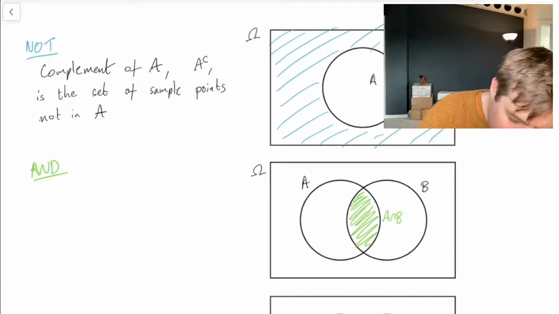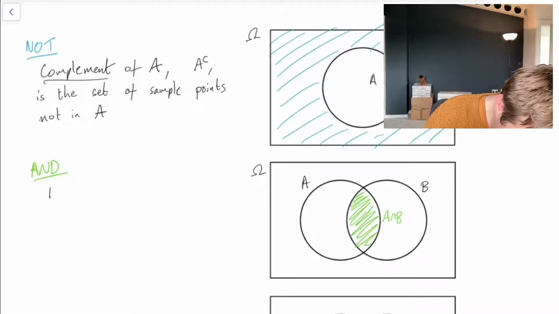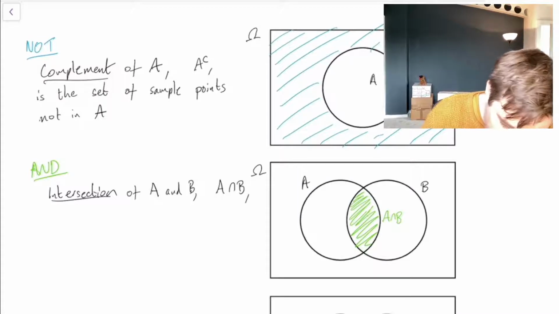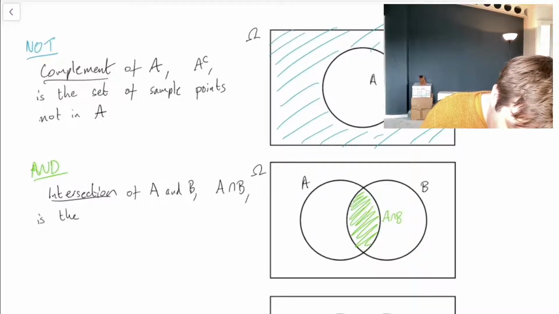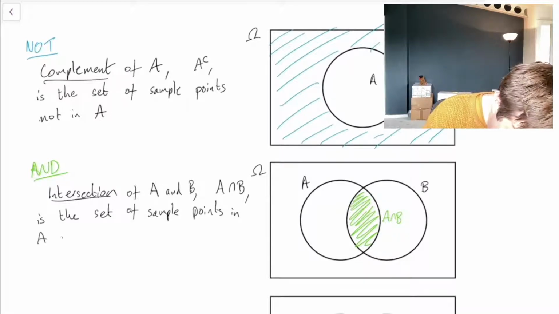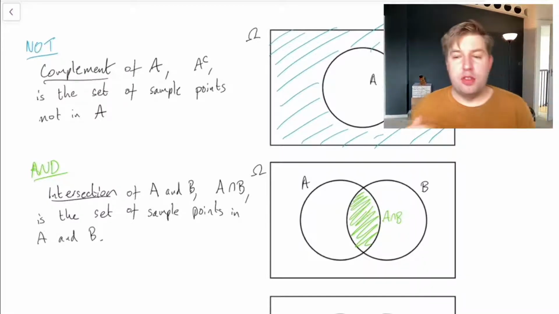So let's write that down as well. So the first one was the complement, the second one is the intersection of A and B, which we write as A, that kind of upside down U thing, B, is the set of sample points in both A and B. And so this represents the event that A happens and B happens.